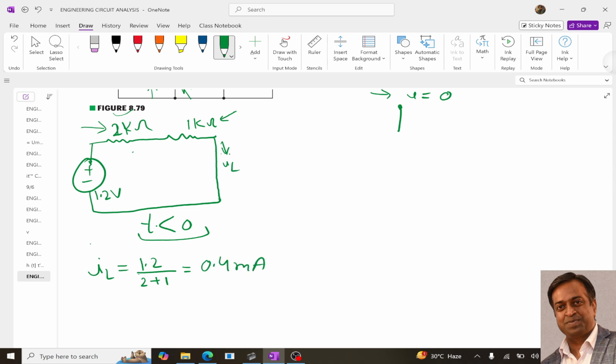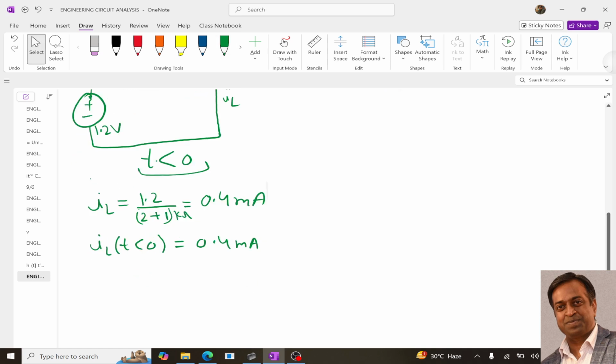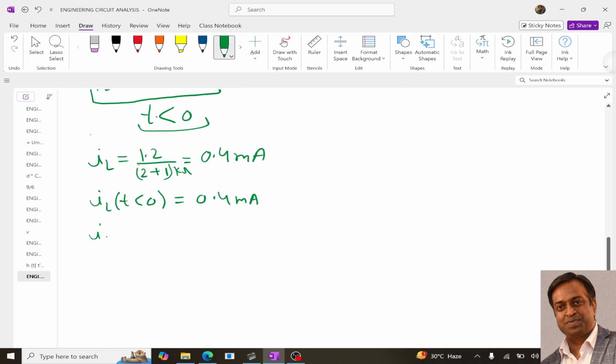Because our resistors are in kilo ohms, so in the denominator it is kilo ohm, so our current is 0.4 milliampere. So we can say that IL at t less than 0 is 0.4 milliampere, or we can also say that IL(0 minus) is 0.4 milliampere.